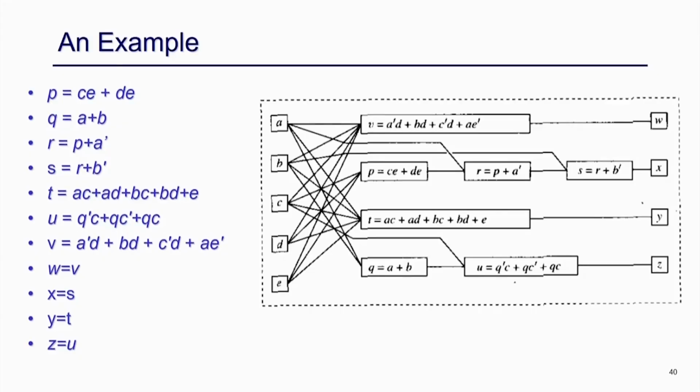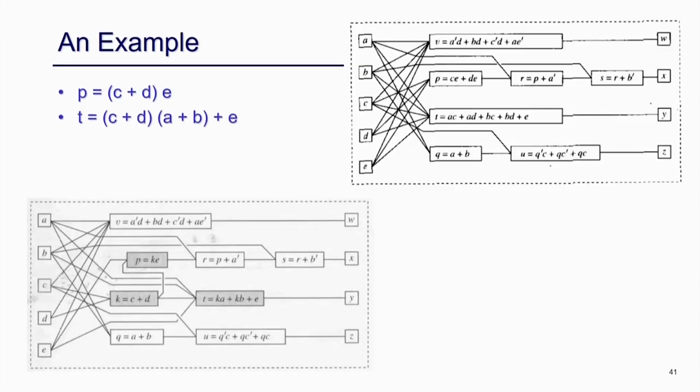For example, take this example. I have a lot of variables, right. These are various variables which are updating here, and this is a kind of network representation for that, right. So we have these inputs and this is the dependence we have, right. This is actually representing this circuit.